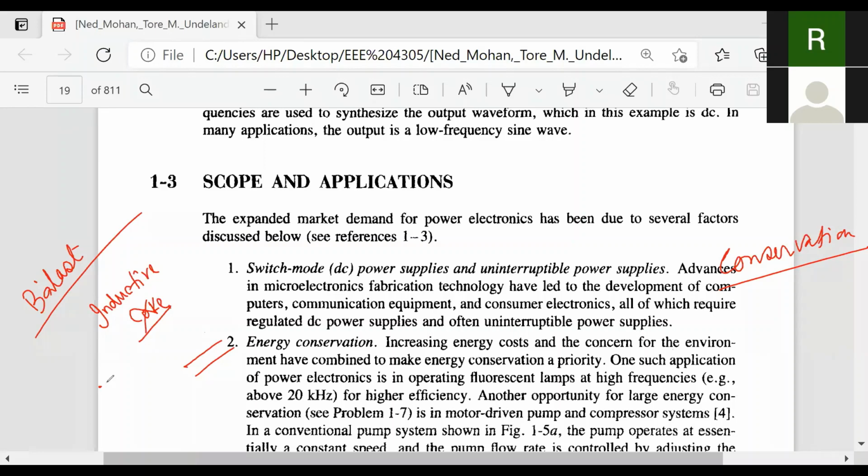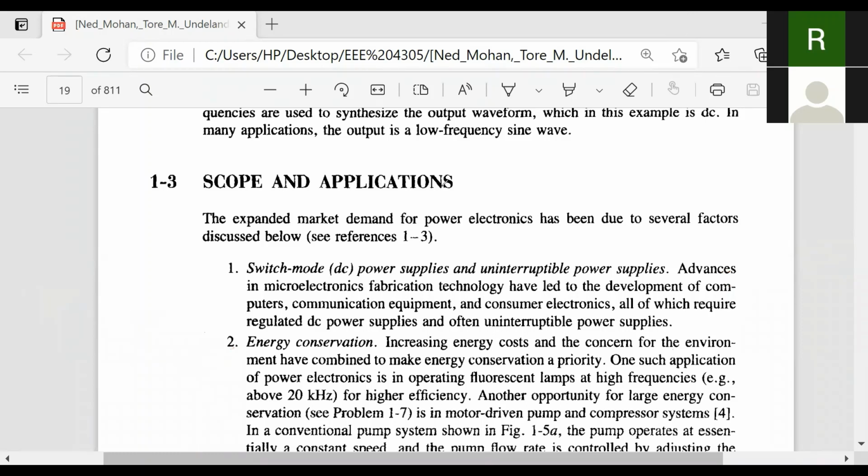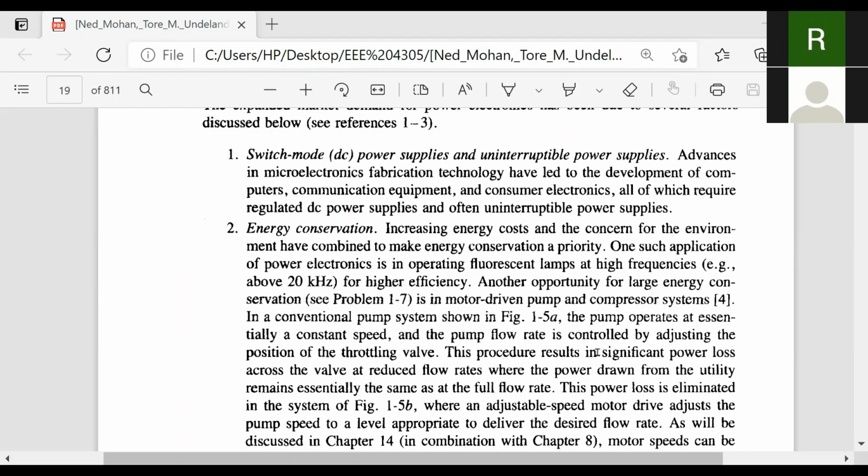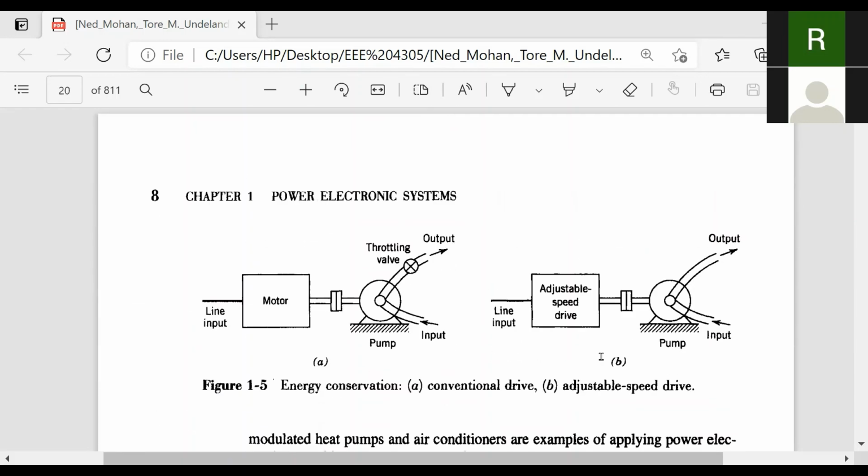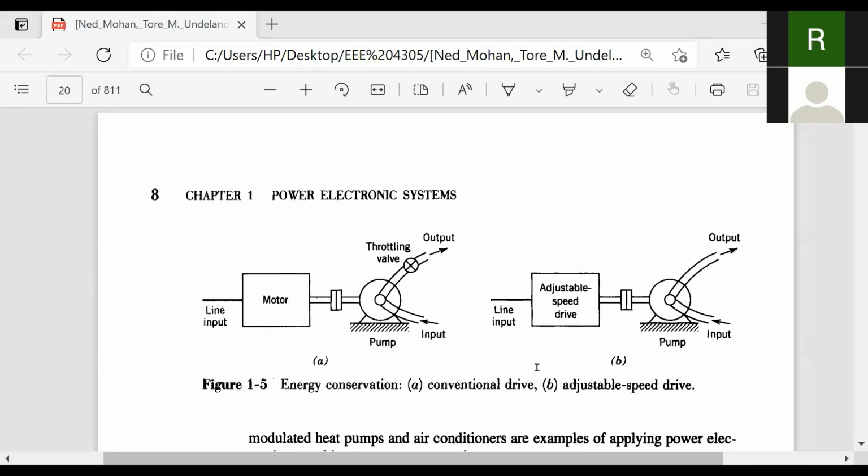So what does energy conservation mean? We want to conserve the energy, to reduce the loss, all these things. There is a very nice example that is given in this book. Let us have a look at this one. Can you see that?